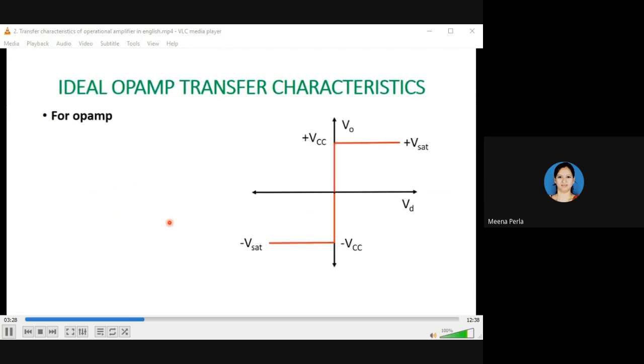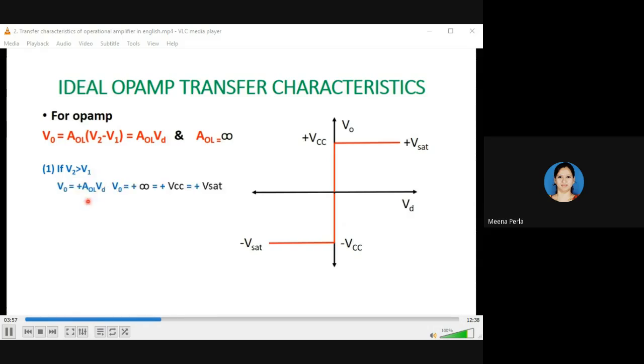First of all, we are going to do the ideal operational amplifier characteristics. For operational amplifier, we know that V0 is equal to gain into differential input voltage Vd, and in the ideal case, we have already studied that the open loop gain is equal to infinite. So we are going to take the three cases which we have learned just now. First case: if V2 is greater than V1, then output voltage is equal to plus AOL into Vd.